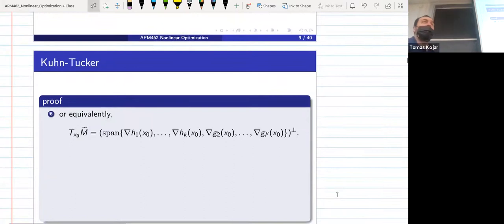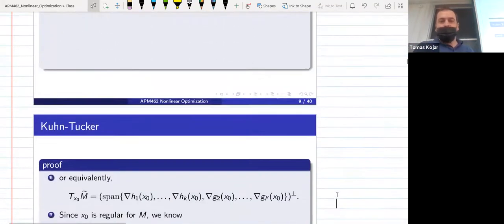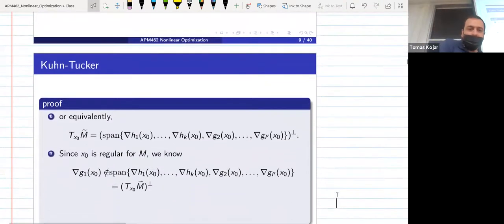In other words, I put it all together: the tangent space is defined as the complement of the span of the gradients, right? So that gives you the intuition of why it's equal to the linear combination that we talked about.